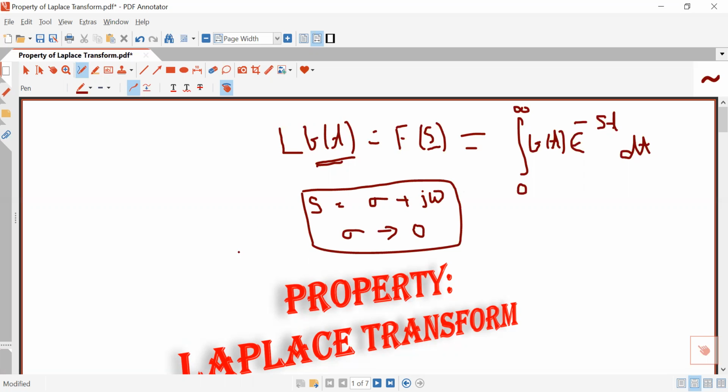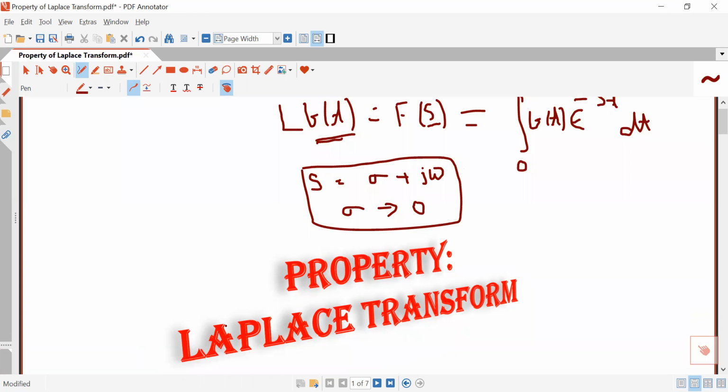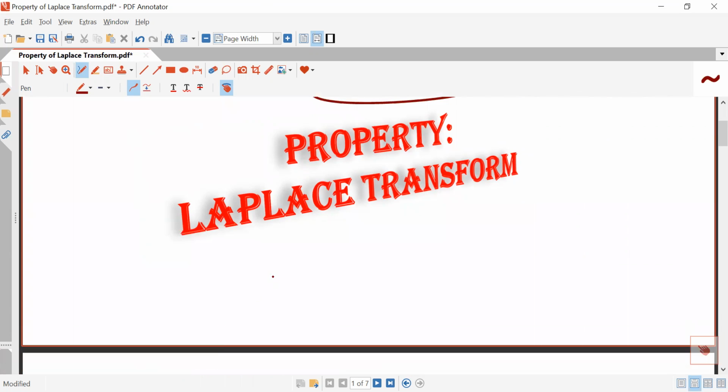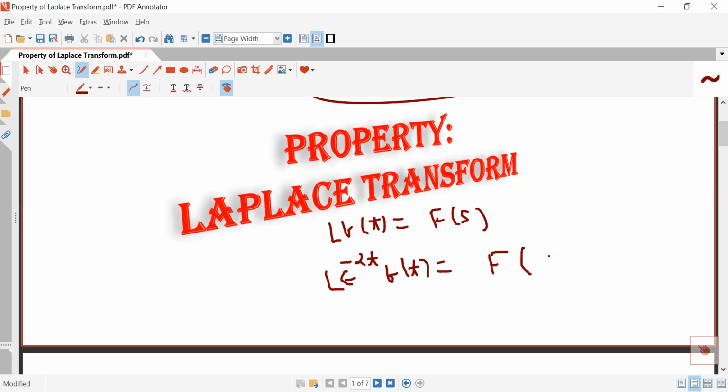In this video, I will discuss some of the properties of Laplace transform. Let us consider the first property, which is the shifting property. If Laplace transform of any signal f(t) is F(s), then if you multiply this signal with the exponential term e to the power minus alpha t, its Laplace transform will shift and become F(s plus alpha).